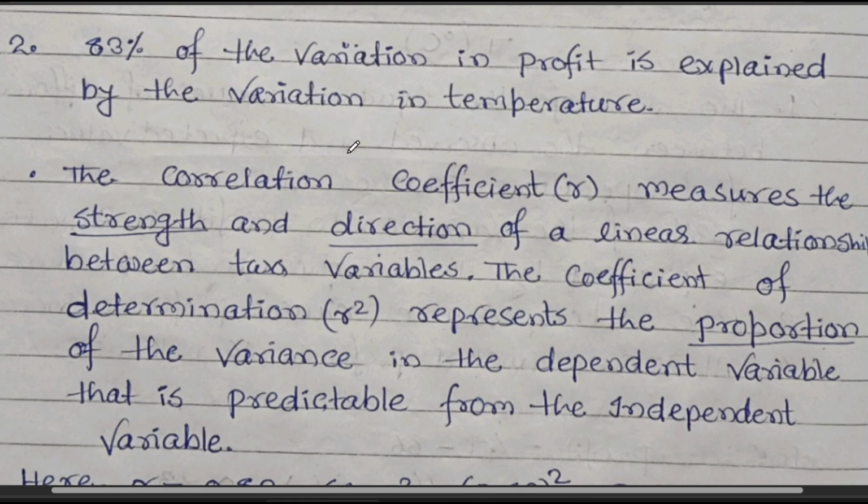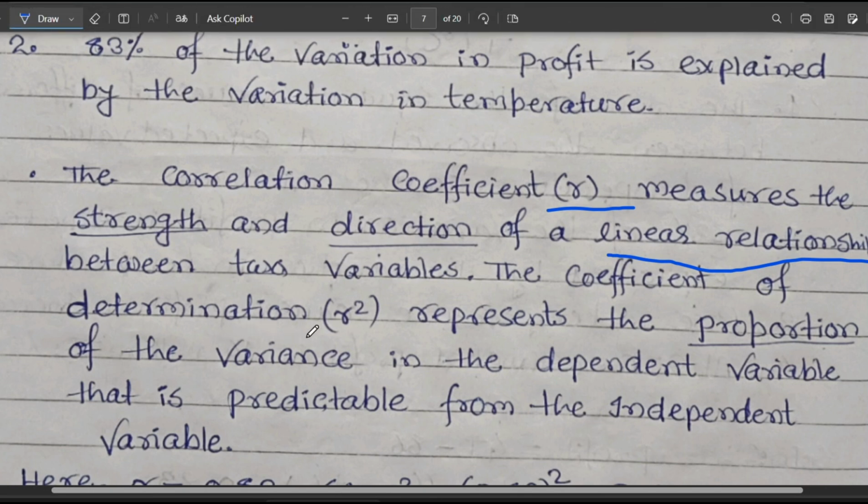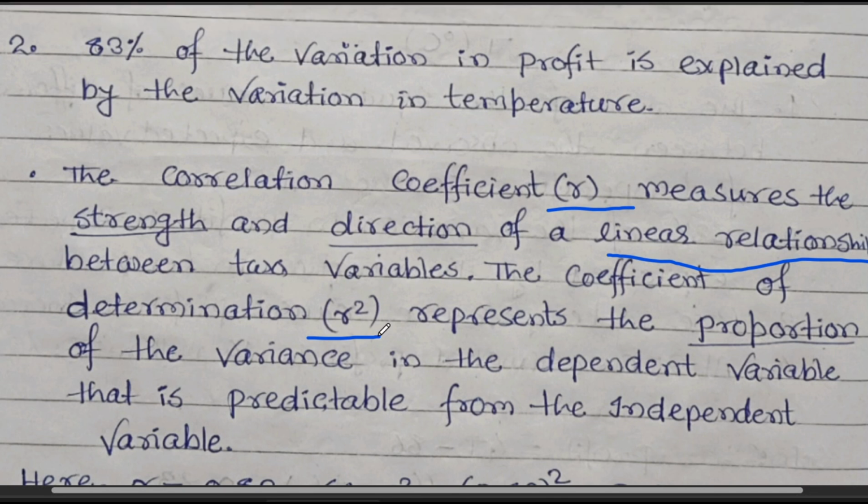The correlation coefficient R measures the strength and direction of a linear relationship between the variables. The coefficient of determination, R square, represents the proportion of the variance in the dependent variable that is predictable from the independent variable.